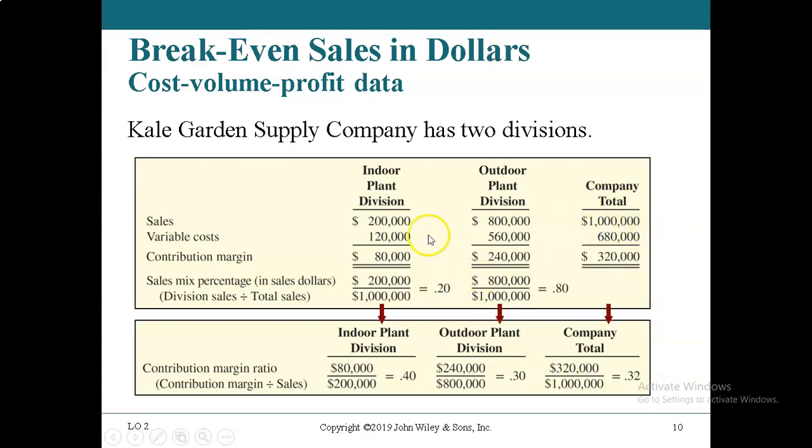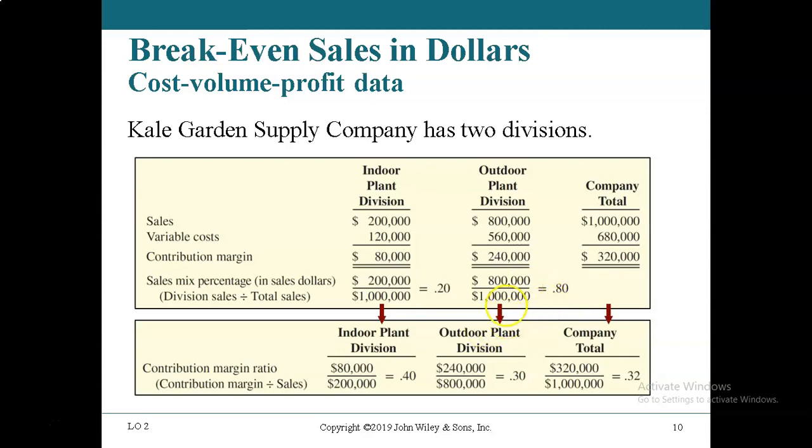So what percentage of my sales come from indoor? Well, I make $200,000 of my sales from indoor, divided by my total sales for the whole thing, $1 million. So 20% of my sales come from indoor. And here, 800,000 is what I do for outdoor, divided by $1 million. So 80% of my sales come from outdoor.